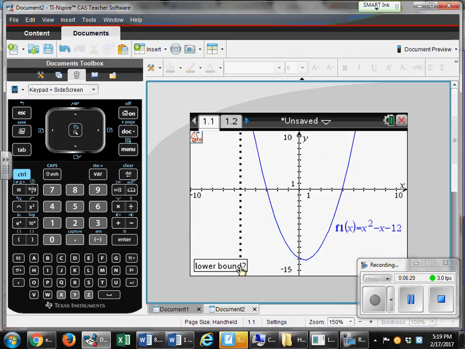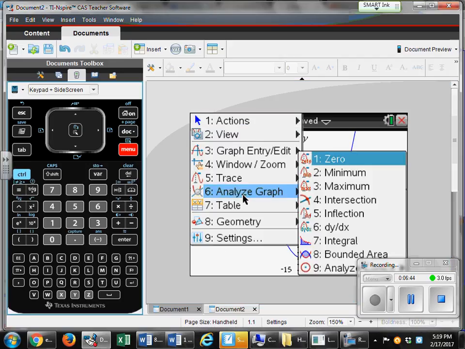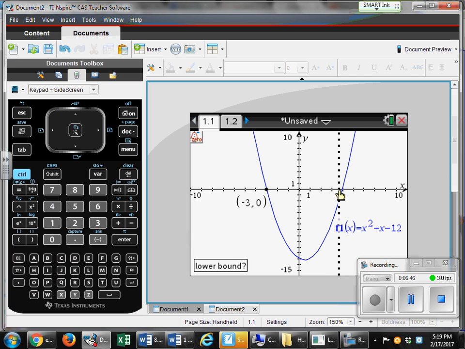And it's asking you a question, see on the bottom left, the lower bound. So I can do a click, drag, click. And if you do it this way, it leaves the point on the screen for you. If you were hitting trace, as soon as you left that spot, it wouldn't still be there. So Menu, Analyze Graph, Zero, and click, drag, click. And it leaves the points on the graph for you.